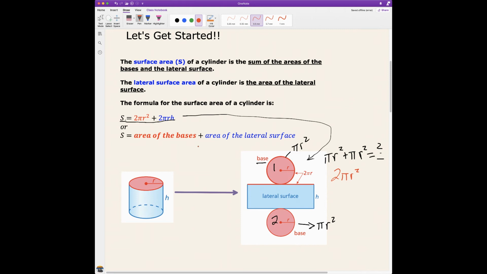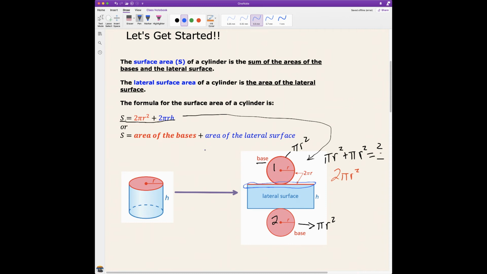The second part of the formula comes from looking at the lateral surface. When I make a net out of a cylinder, the lateral surface in blue is a rectangle. I already know how to find the area of a rectangle. That's length times width. So this red length right here, guess what?